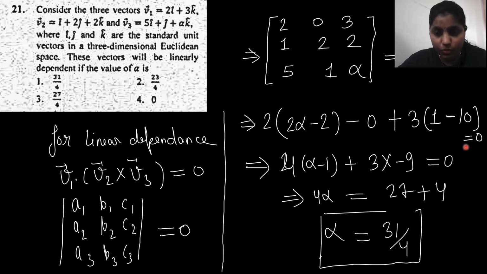This will be equal to 0. Solve this equation, you will get 4 alpha is equal to 27 plus 3. After solving this, you will get alpha is equal to 31 by 4. So the option 1 will be correct.